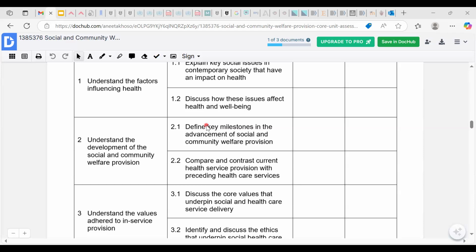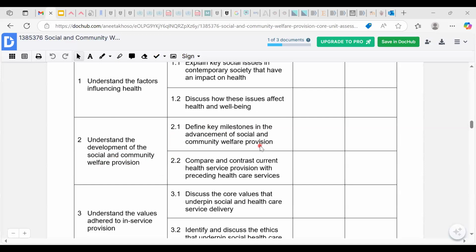Tomorrow, the second learning outcome will have you understand the development of social and community welfare provision. Today we are talking about the factors influencing health, and tomorrow we will talk about the development of social and community welfare provision.